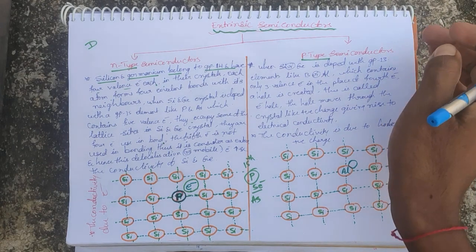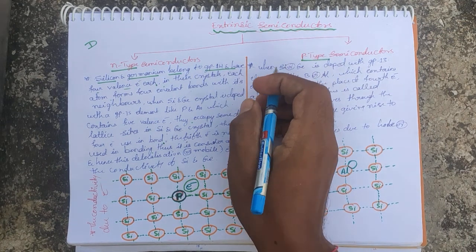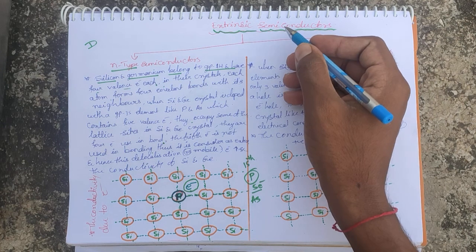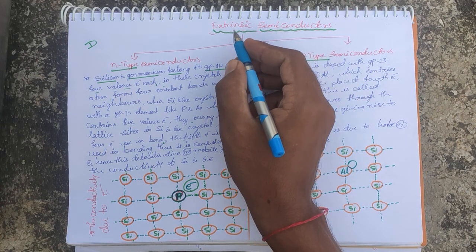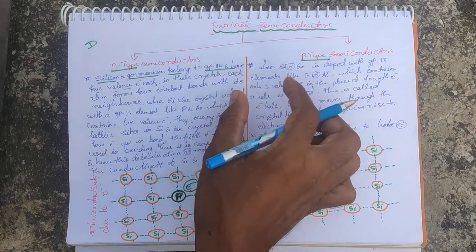Hi dear student, in this session we will discuss the extrinsic semiconductor. We know that semiconductors have types. In the last video, because of some technical problem, the video stopped at the start only.